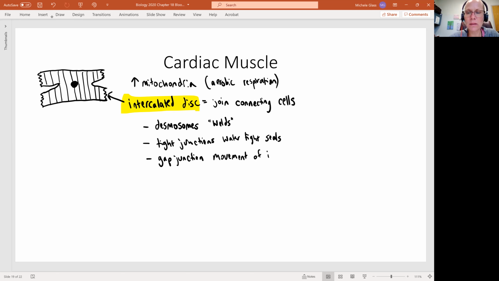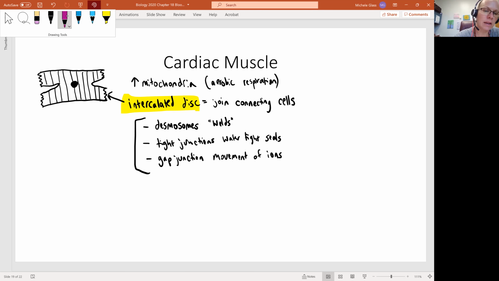Collectively, this intercalated disc with the desmosomes, tight junctions, and gap junctions provides what we can describe as a functional syncytium.